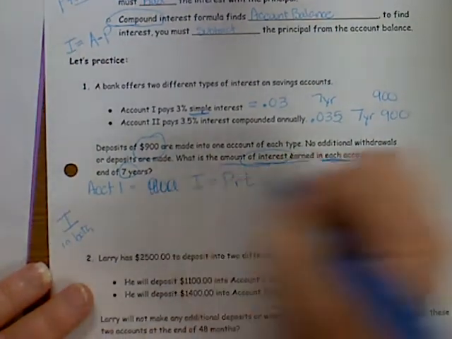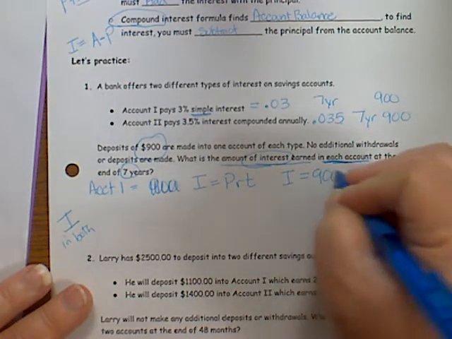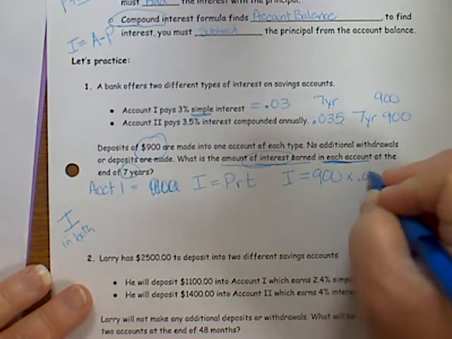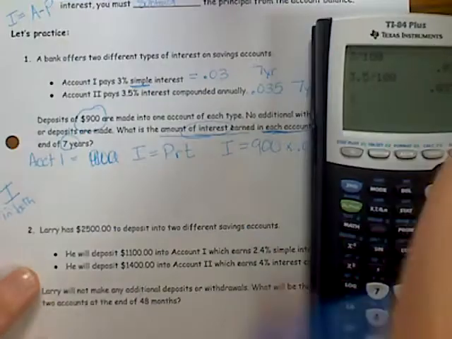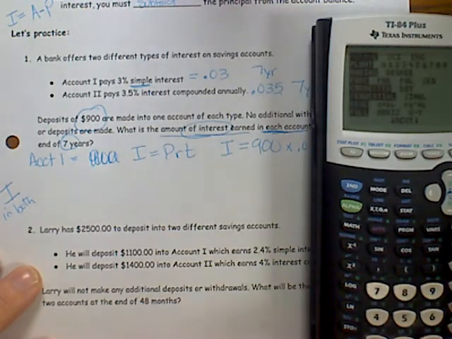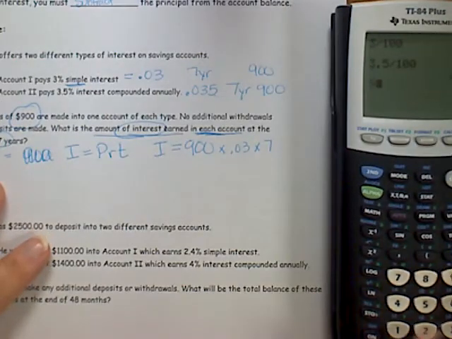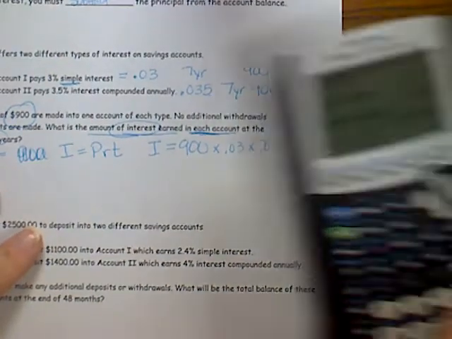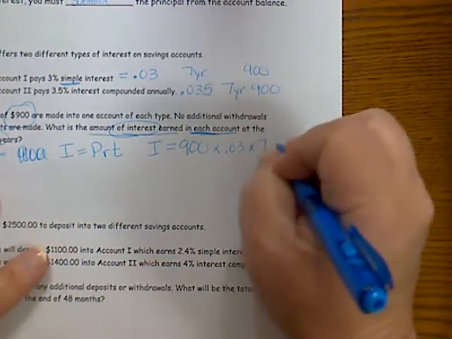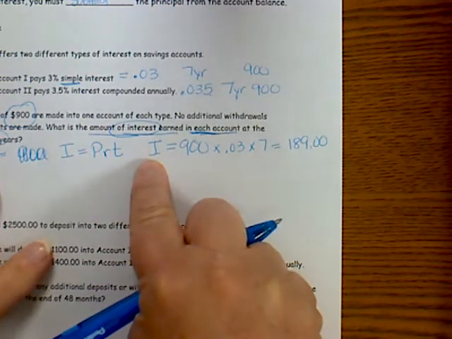So for account 1, I is equal to 900 times 0.03 times 7. I want it in money form, so I'm going to put it on mode 2, go down and get to my hundredths place, hit second quit. I'm going to write 900 times 0.03 times 7, and that is 189.00. And if you notice, I just solved for interest.